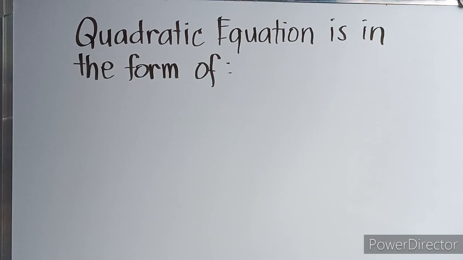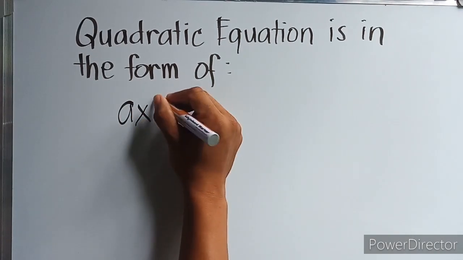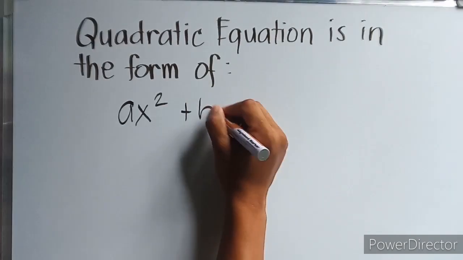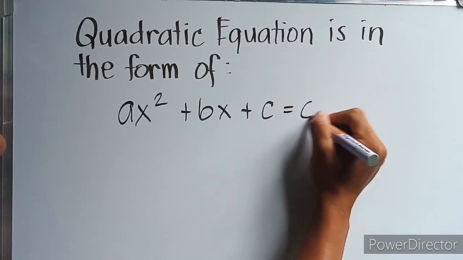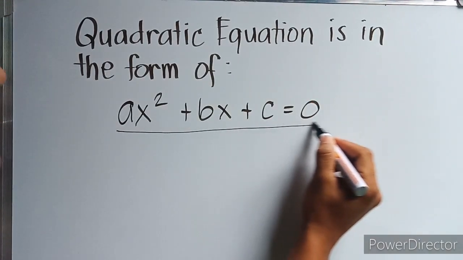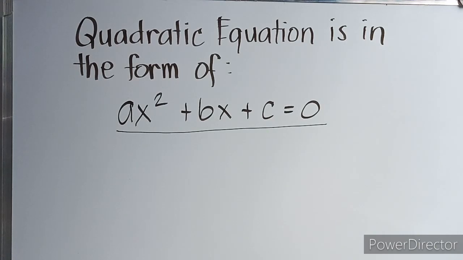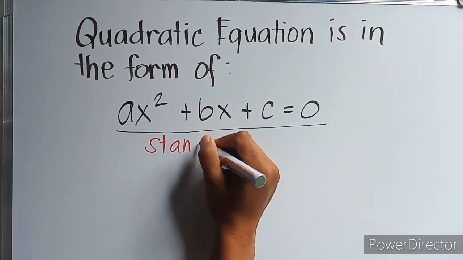A quadratic equation is in the form of ax squared plus bx plus c is equal to 0. Ax squared plus bx plus c is equal to 0 is called the standard form.